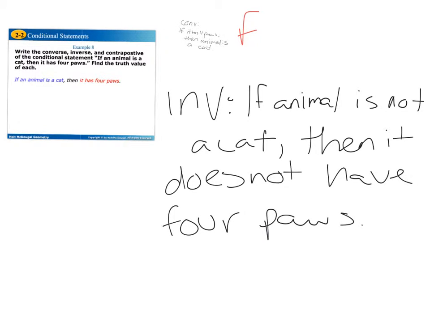Now, is this true? There are animals that are not cats that do have 4 paws. So I'm saying if the animal is not a cat, then it can't have 4 paws. Well, if the animal is a dog, then that dog will have 4 paws. So this one again is false.